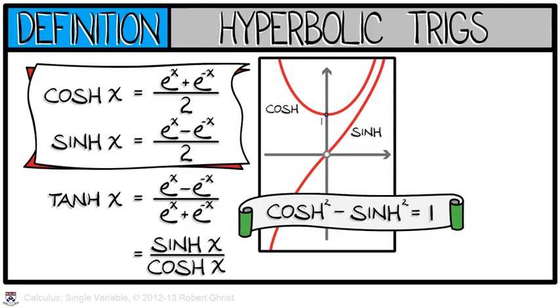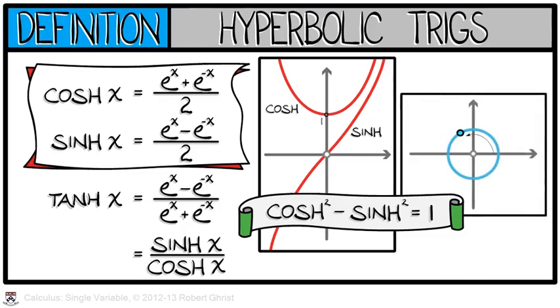One can compare that with the familiar formula cosine squared plus sine squared equals 1. What does this formula mean? Well, we know the relationship between cosine, sine, and points on a unit circle. Namely, cosine is the x-coordinate, the sine is the y-coordinate of a point moving along that unit circle.